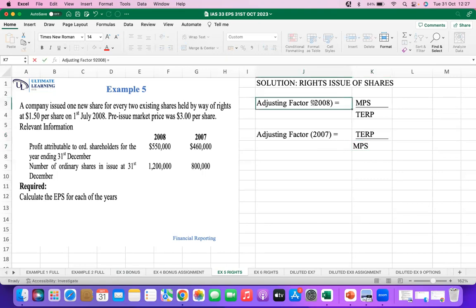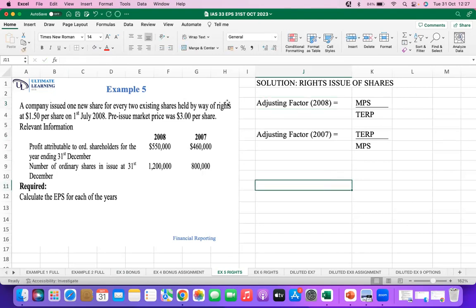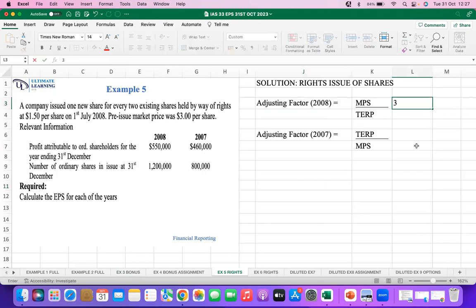We know from the question that the MPS is 3, but what is missing is the TAP. So we will need to calculate the TAP.